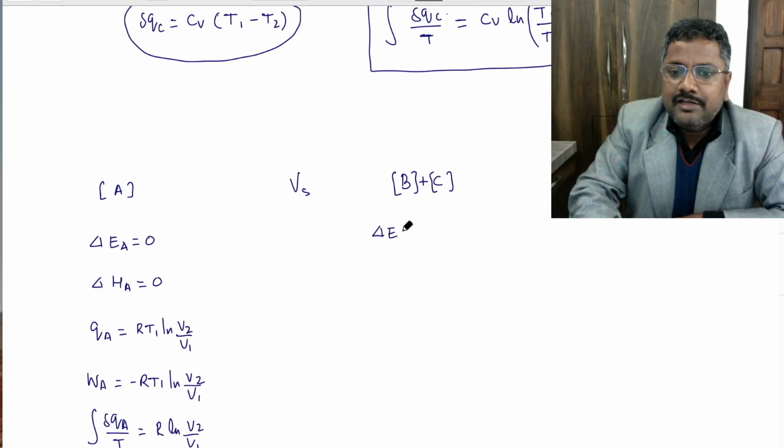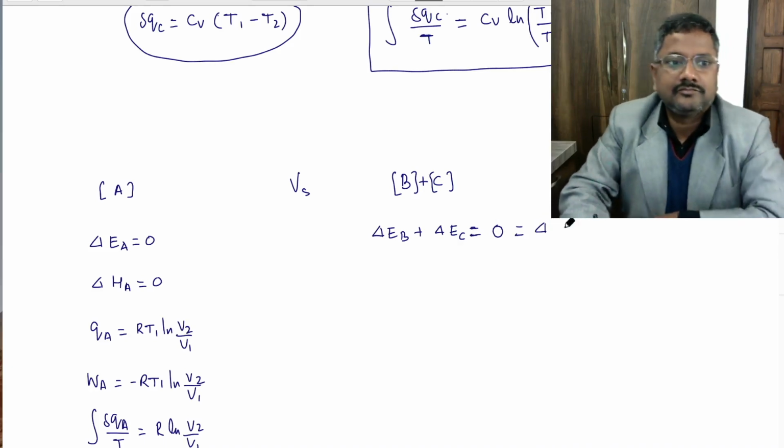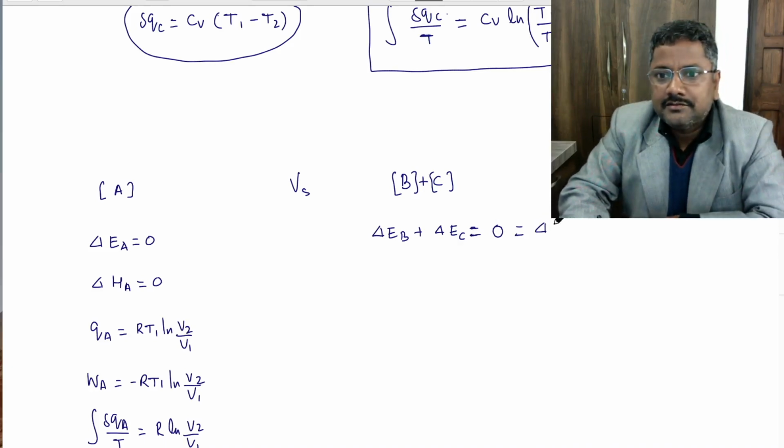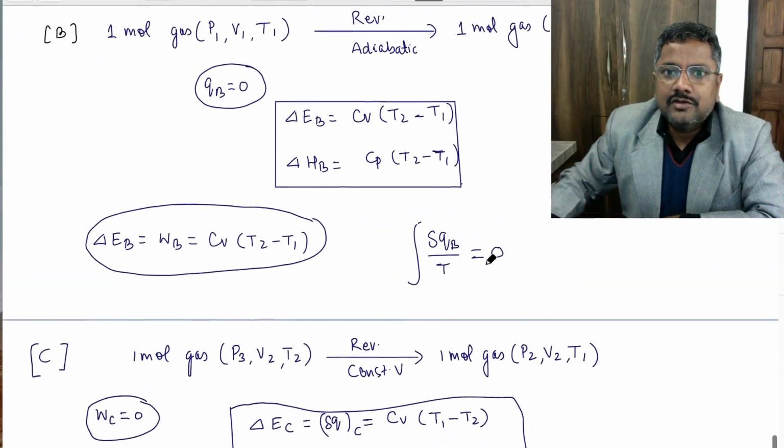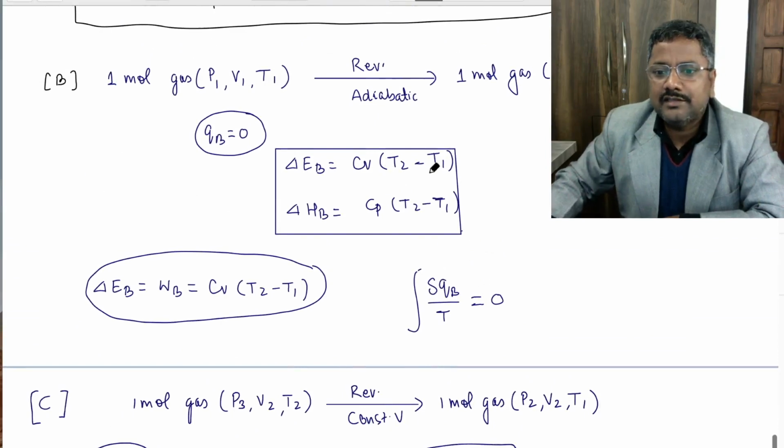Now see, delta EB plus delta EC, this is equal to what? 0, and this is equal to delta EA. I mean, we can write this or not. See, here CV (T1 minus T2), and here CV (T2 minus T1).